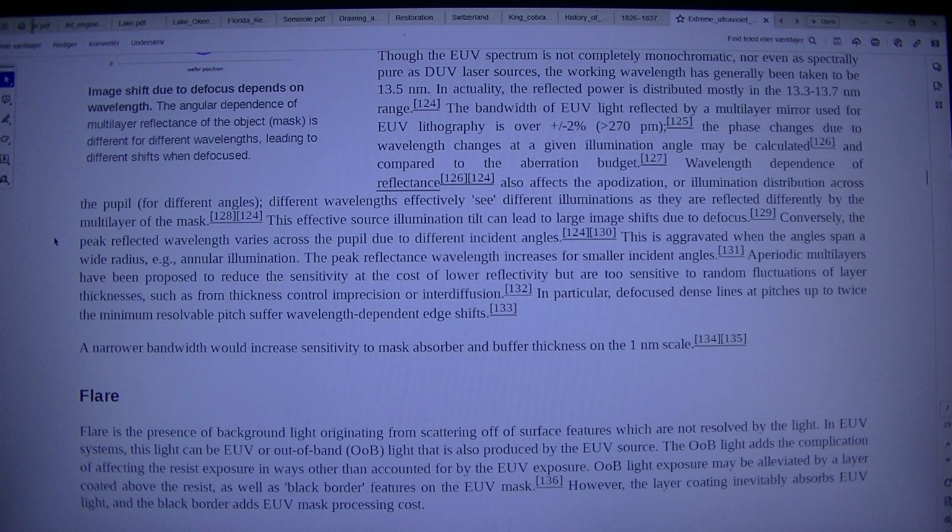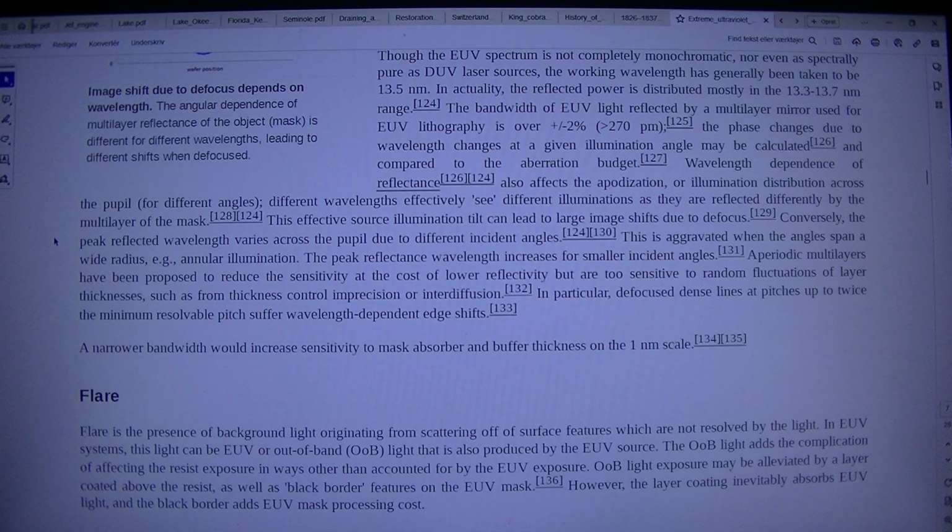124 also affects the apodization, or illumination distribution across the pupil, for different angles; different wavelengths effectively see different illuminations as they are reflected differently by the multilayer of the mask. 128.